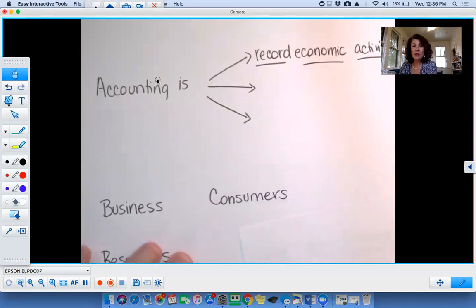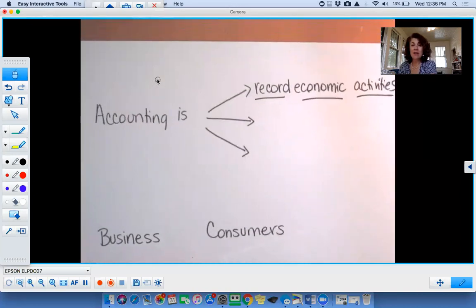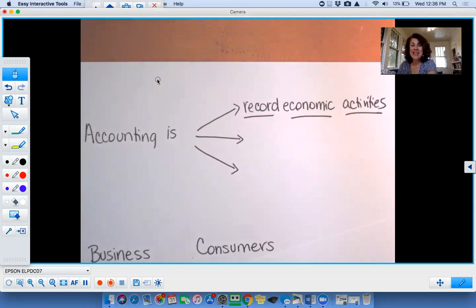That means it's going to record the ins and outs of the business. You think about money. Money's coming in, you buy supplies, you buy products, and then you sell those products so you have money going out. You may borrow money. You've got to keep up with that. It's a system to keep up with everything that goes on in your business.